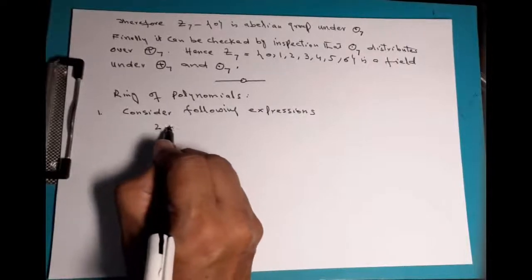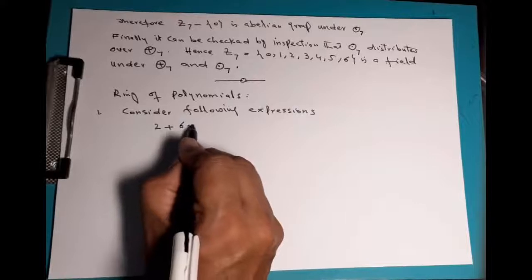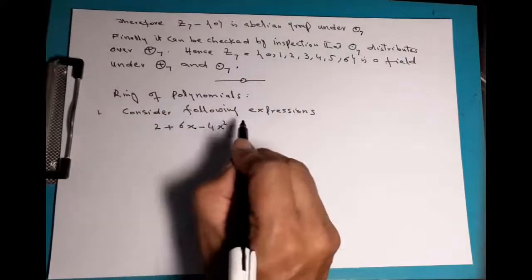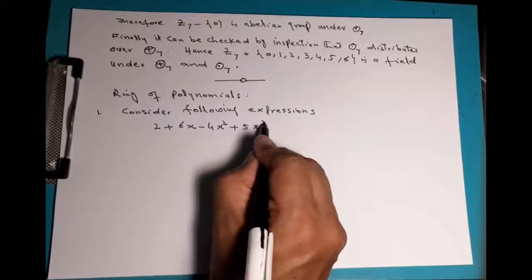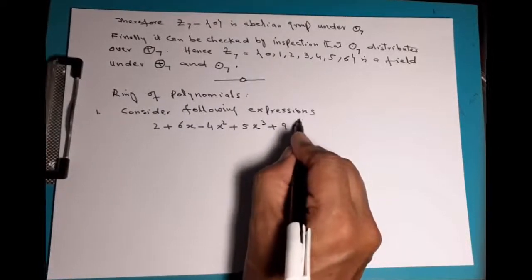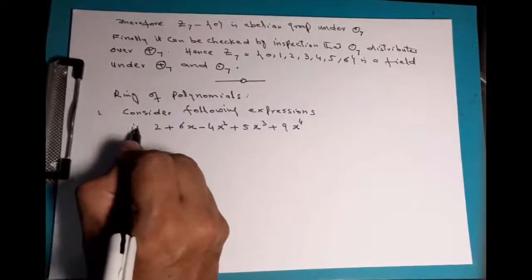Two plus 6 times x minus 4 times x square plus 5x cube, then plus 9x raised to power 4. Let's call this our first expression.